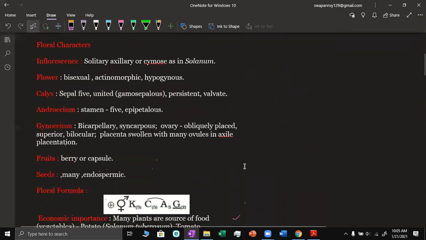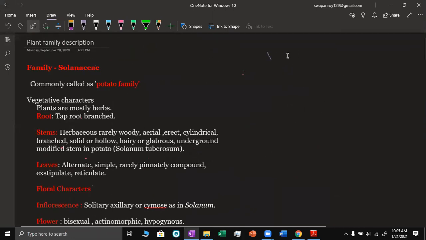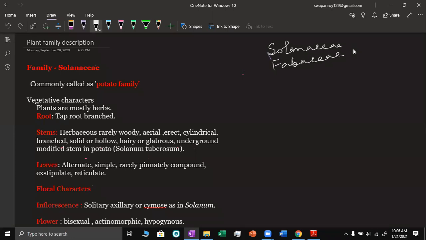Okay, here we have three families to learn. Among the three families, that is Solanaceae, Fabaceae, and this Liliaceae.